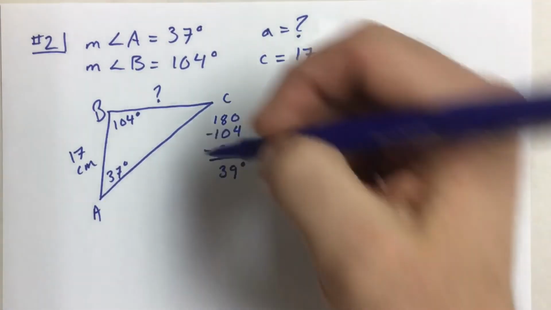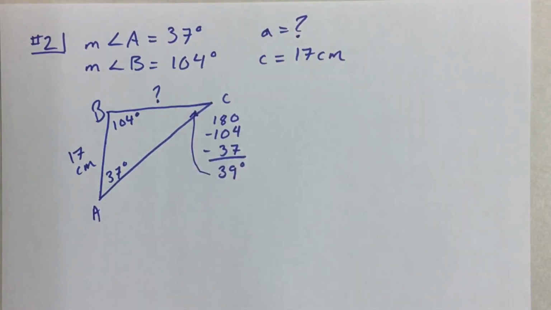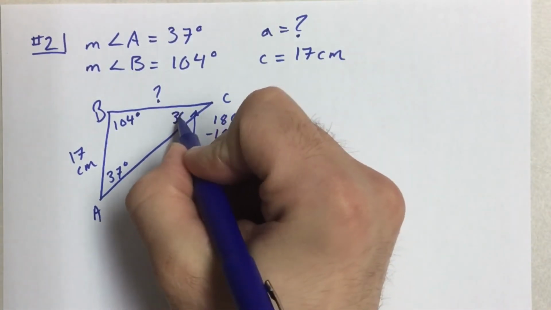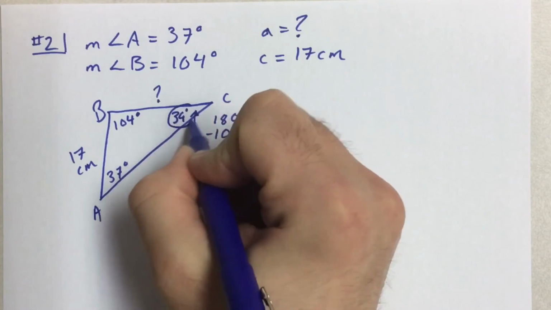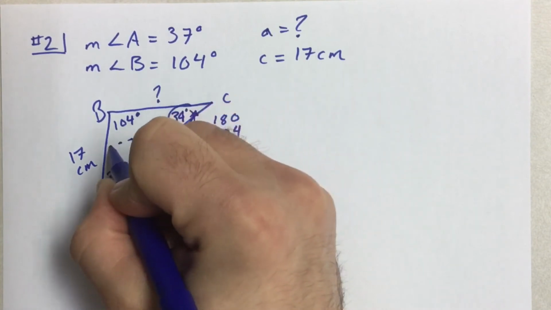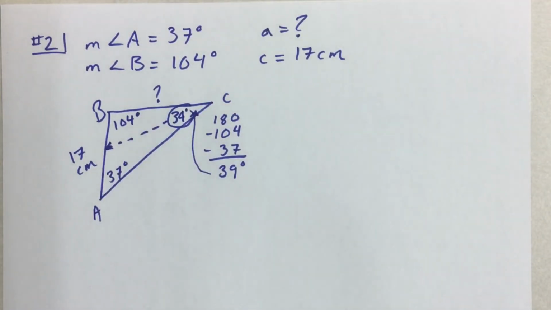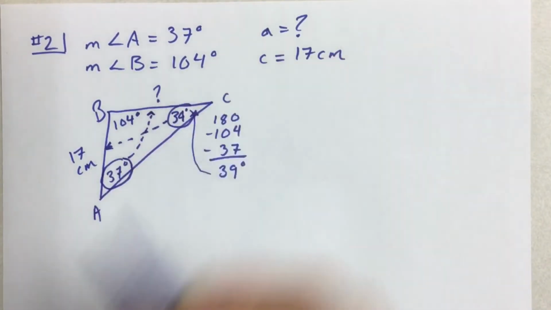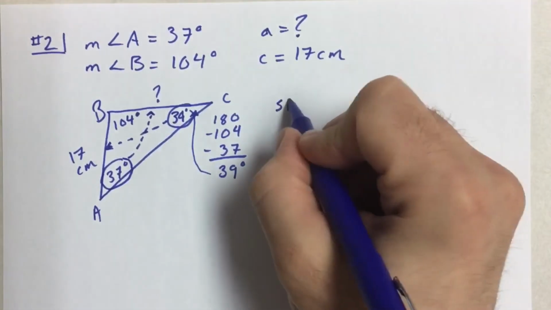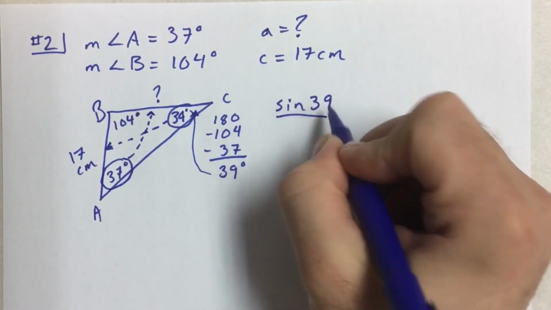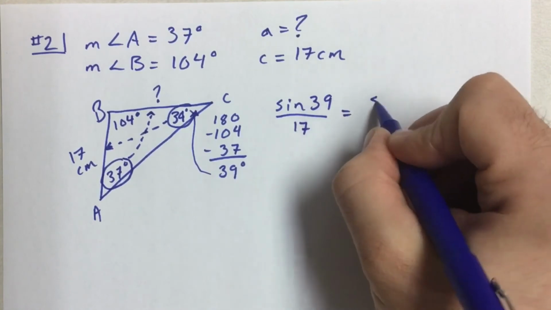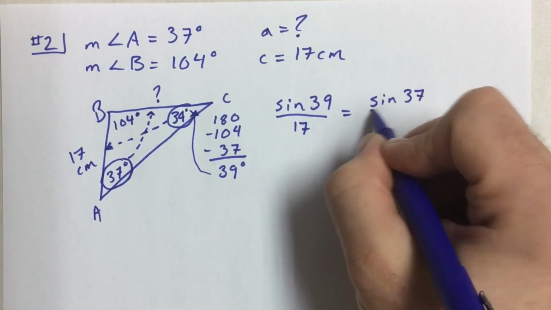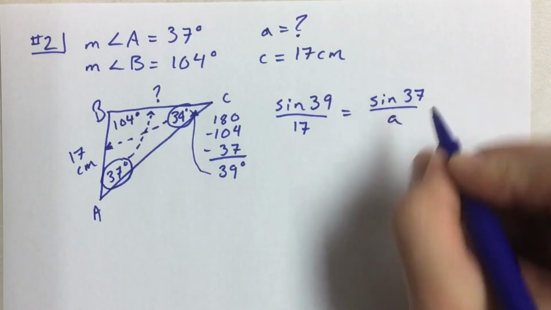Yep, 39 degrees, and that's our angle C. So in the previous example where that third angle was not used, here it is needed, because 39 degrees I need to pair up with the side length that we have, okay? And then we are gonna have 37 and pair it with our desired length. So we have sine of 39 over its length equals sine of 37 over our desired length of A.